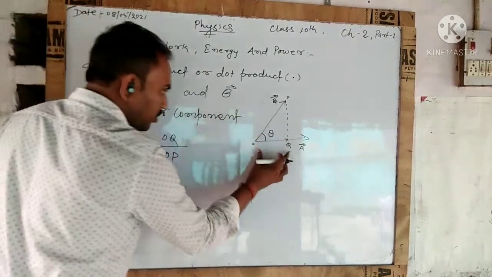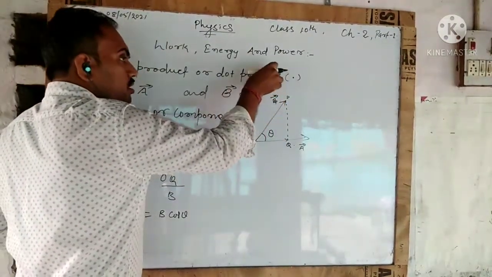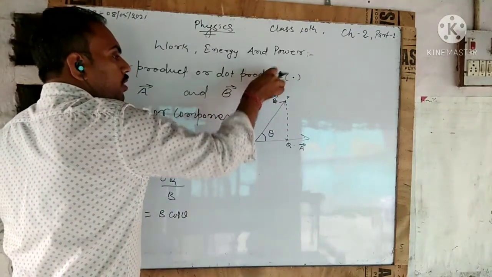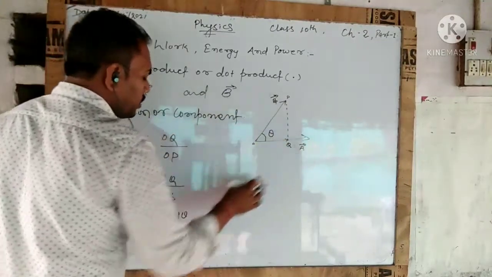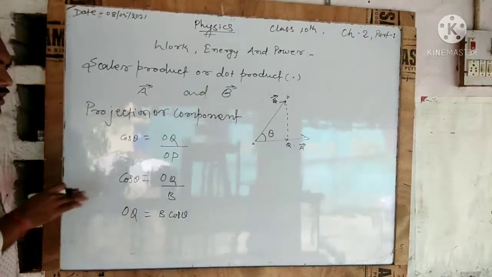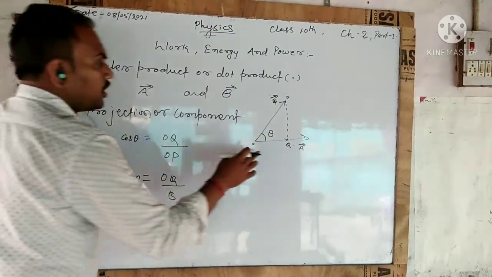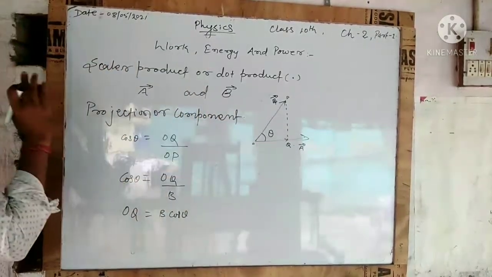This is the shadow when we torch from above vector B. The shadow of B falls on vector A, which is called the component or projection.